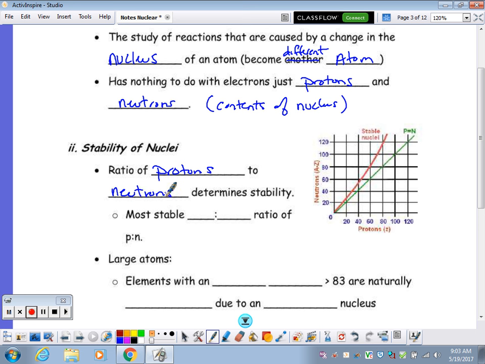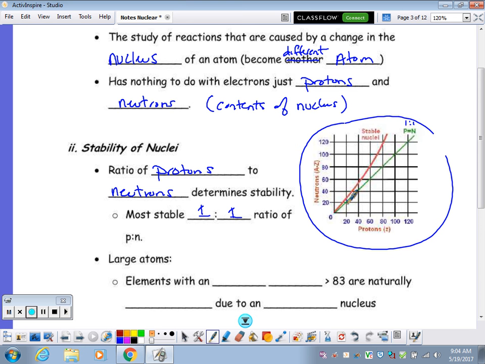The most stable ratio for any nucleus is a 1-to-1 ratio of protons to neutrons. Over on this side, we have a little graph that scientists have developed. The green line on the graph represents the ratio of protons to neutrons, a perfect 1-to-1 ratio.